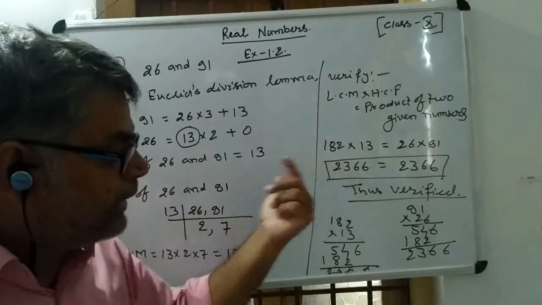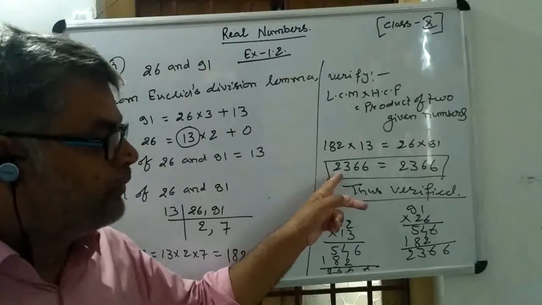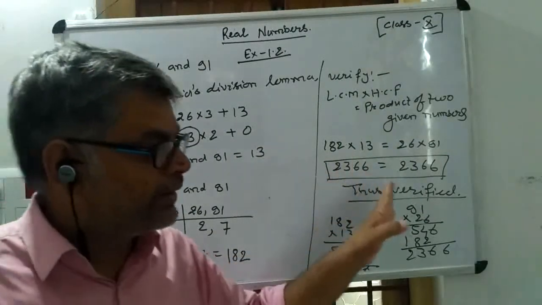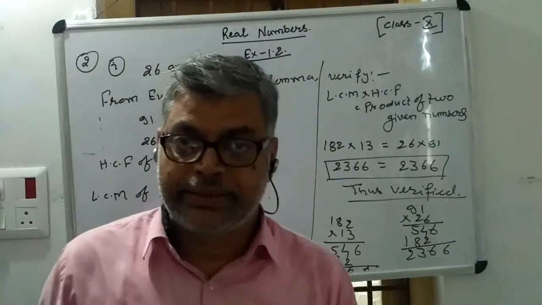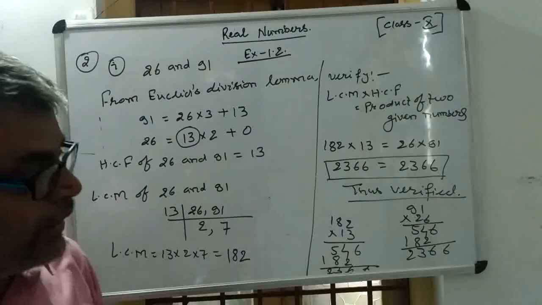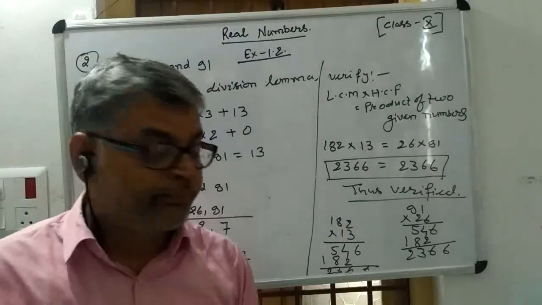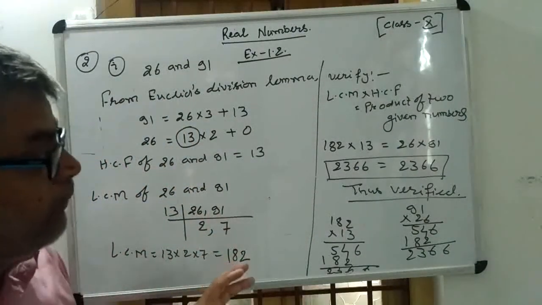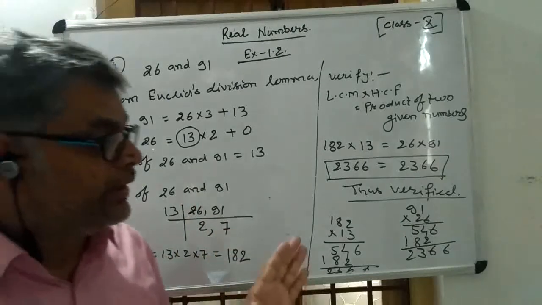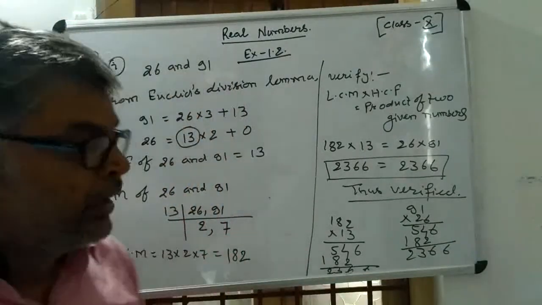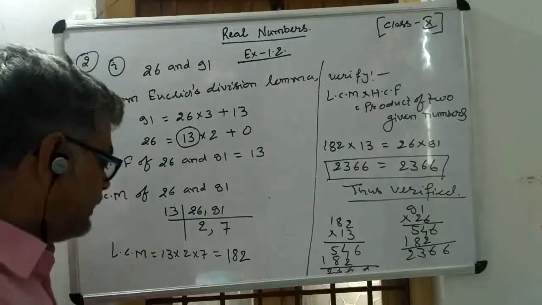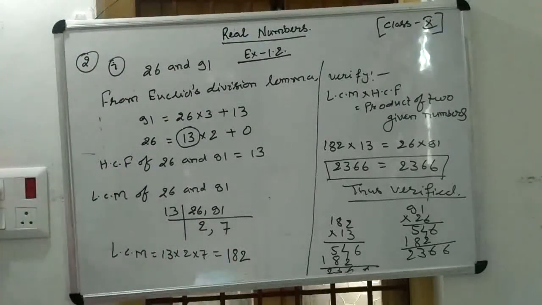When we multiplied them together, we got 2366 on both sides, LHS as well as RHS, and hence our result is verified. The product of two numbers is equal to the product of their HCF and LCM, and this is an important result. Now taking the next question.